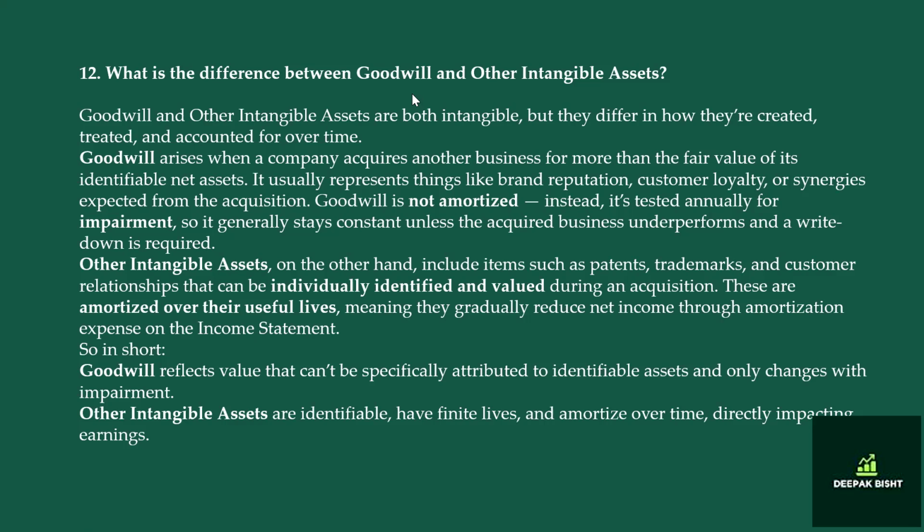So this is the major difference between goodwill and other intangible assets. Goodwill is not amortized, but instead tested for impairment. Other intangibles depend on whether they will be amortized or tested for impairment. If it has an indefinite life, it will be tested for impairment.